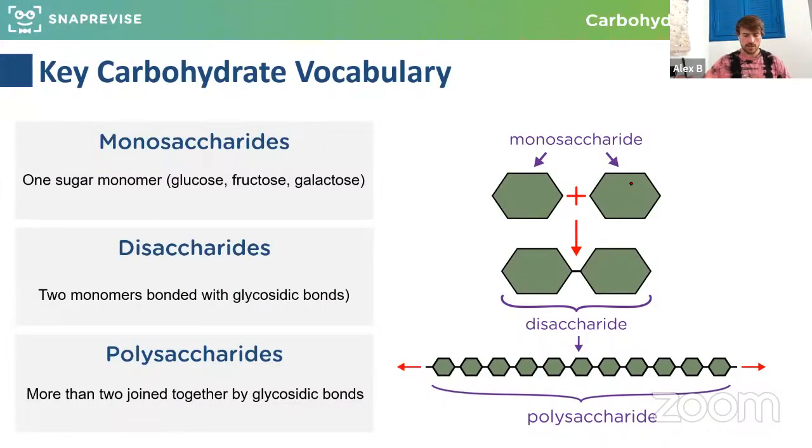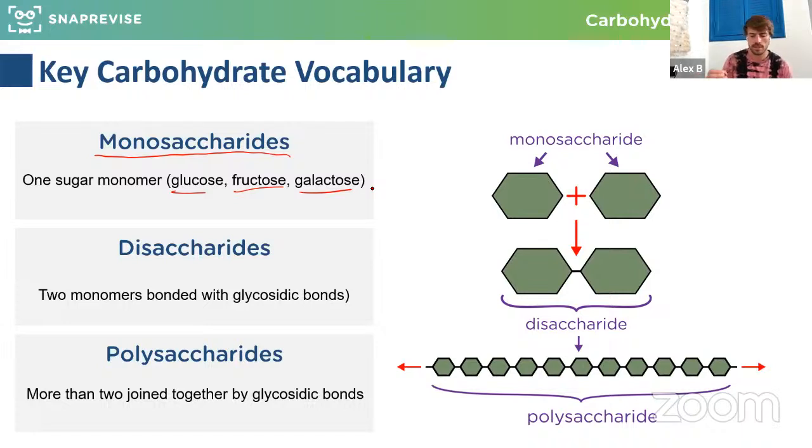So let's go through these definitions. We're working our way up. The smallest carbohydrate unit is known as a monosaccharide. We need to know 3 examples of this: glucose, fructose, and galactose.